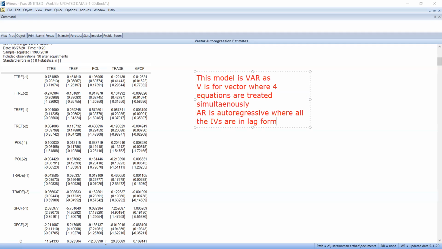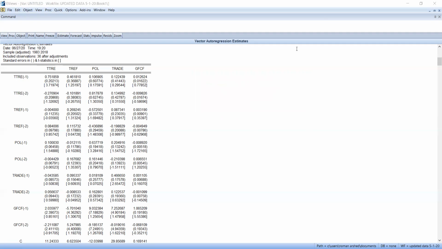So this way it's called VAR, vector autoregressive. Okay, so let's clear it up. Now the VAR model will be our baseline model if there is no cointegration. There are other conditions, but we'll see later on.